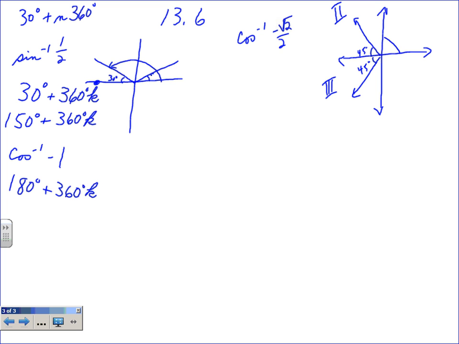What I'm looking for is this angle, which is what? 135 plus 360k, or n360 as the book says. And then what is that angle? 225 plus the 360k, or n360.